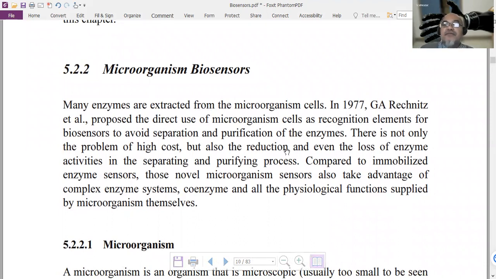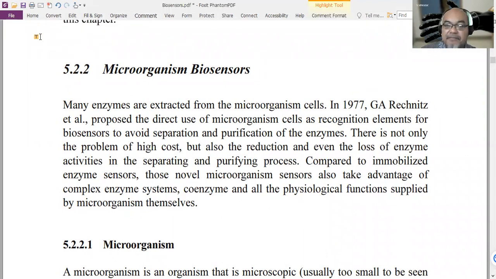Therefore, rather than using the purified enzyme sensor, why don't we use the whole microorganism? Because then the enzyme will stay intact within its natural environment. So it is direct use, and also lower cost compared to using purified enzyme.